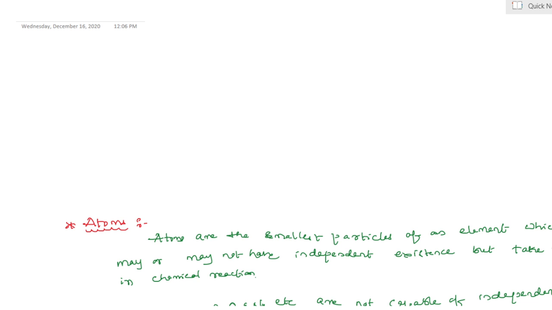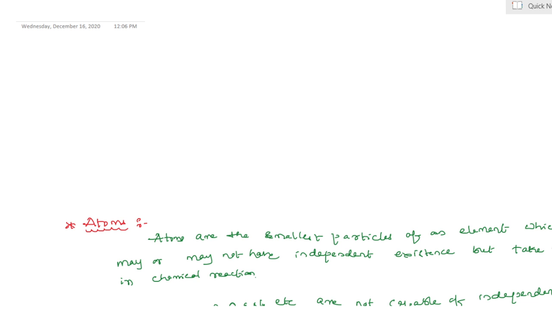Yes, my dear students, Lavoisier laid the foundation of chemical sciences by establishing two important laws of chemical combination, which are as follows. First law is the law of conservation of mass.